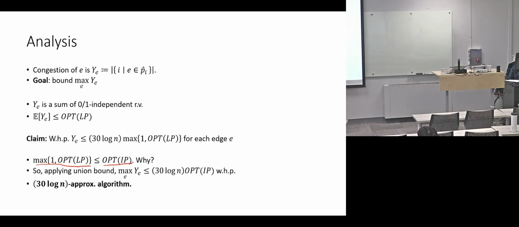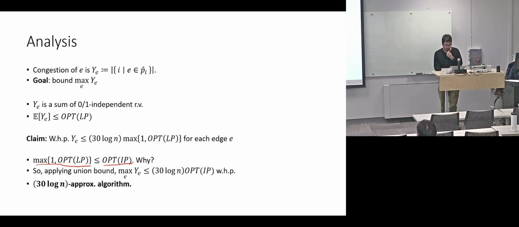Just because OPT of IP is at least 1 for sure, because congestion is at least 1 trivially, and OPT of IP is more than OPT of LP because LP is a relaxation. Okay. So with this, we can get that the max congestion is at most 30 log n times OPT of IP. So it is now a log n approximation.